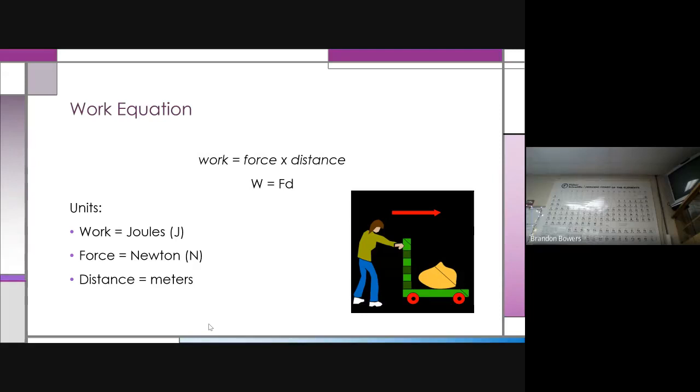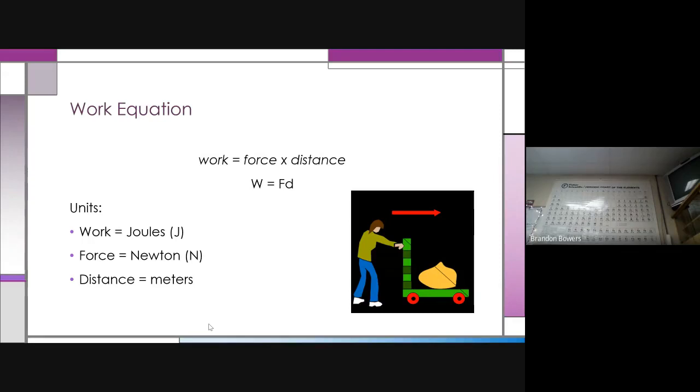Looking at my units, work is a form of energy. And what's my unit for energy? Joules. How cool is that? And force is my good old man Newton, and distance is just meters. That's my work equation.